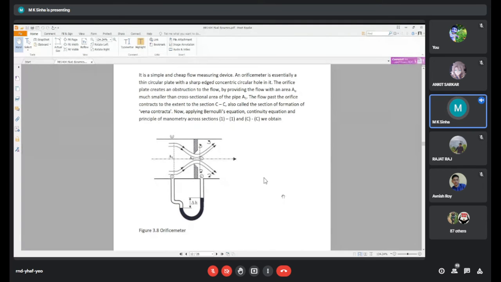So the flow past the orifice contracts to the extent of section CC, called the section of formation of vena contracta.